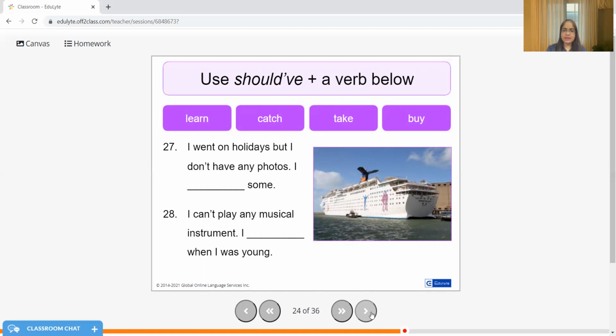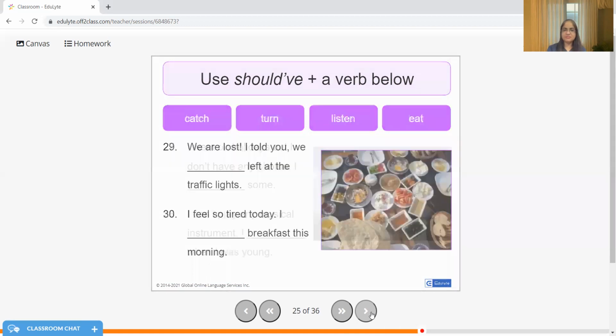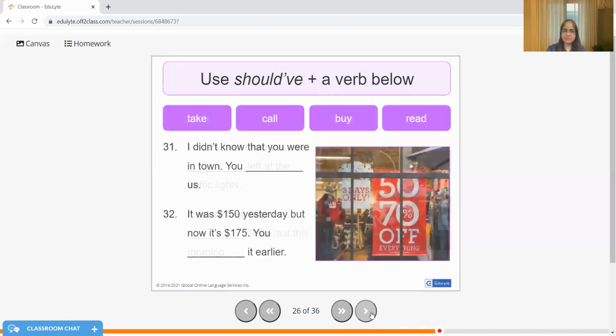I can't play any musical instrument. I should have learned when I was young. We are lost. I told you we should have turned left at the traffic lights. I feel so tired today. I should have eaten breakfast this morning.